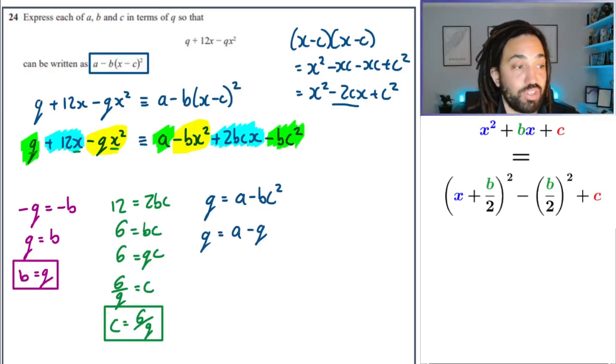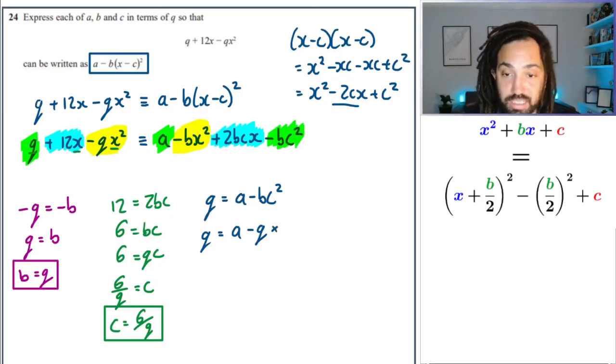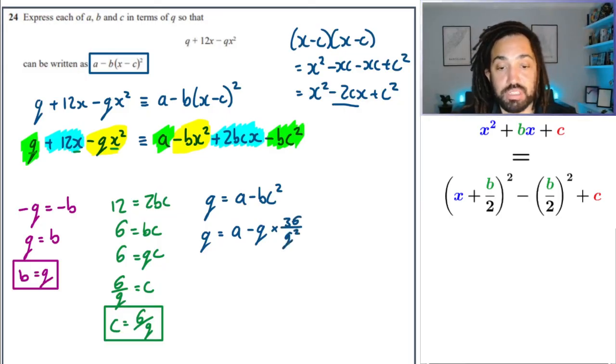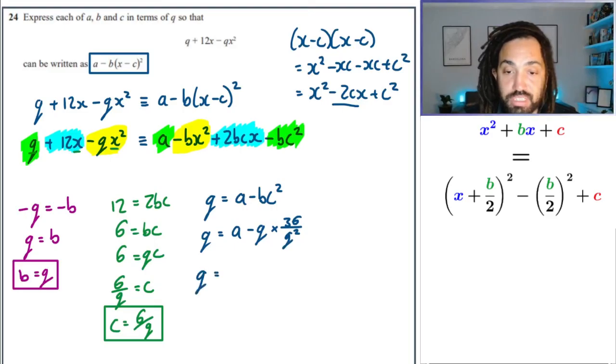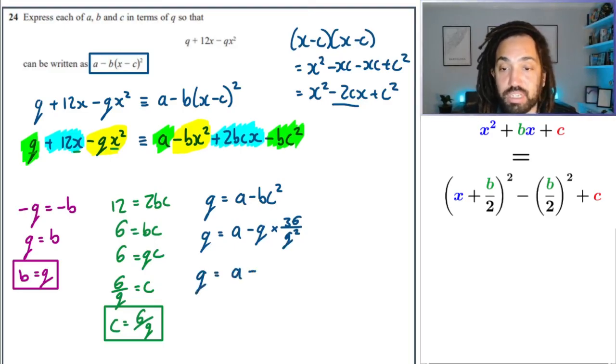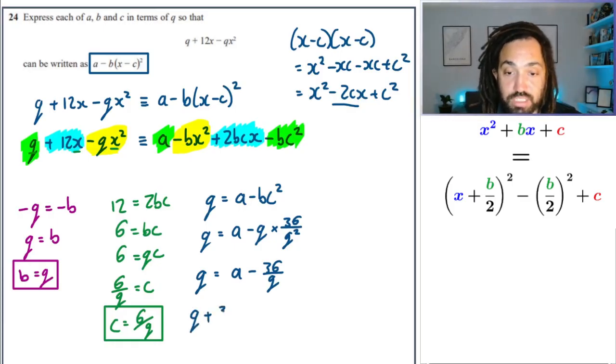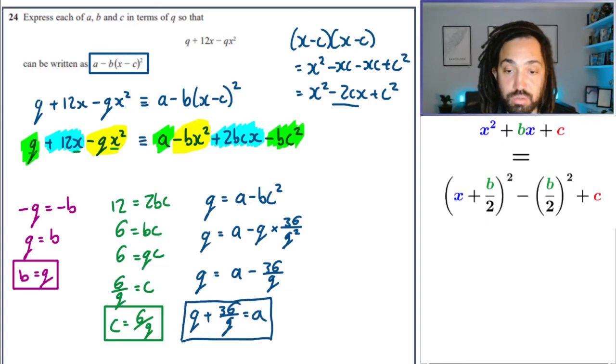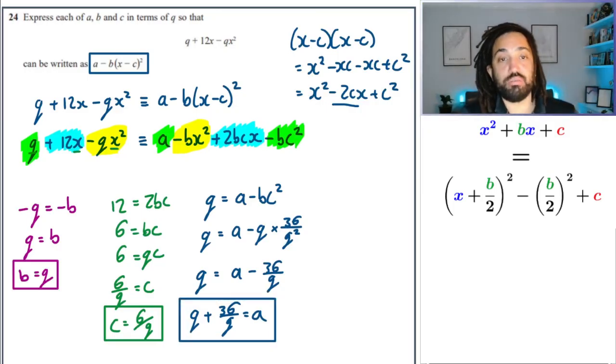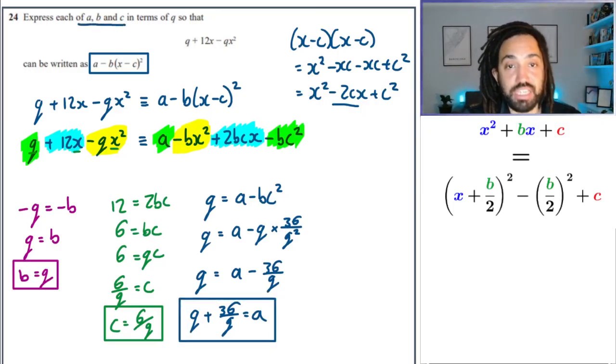It's 6 over q all squared, which is 36 over q squared. So q is equal to a minus, and when I times these two things together, I get 36 over q. Add that to the other side, and it gives me q plus 36 over q is equal to a. And that is all finished. We've got a, b and c expressed in terms of q.